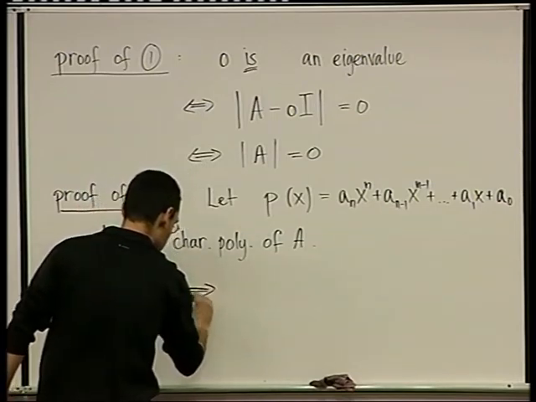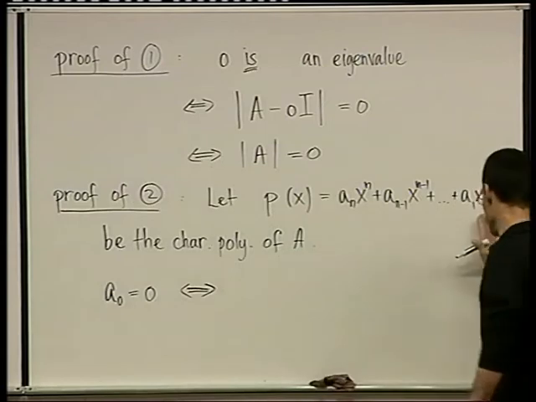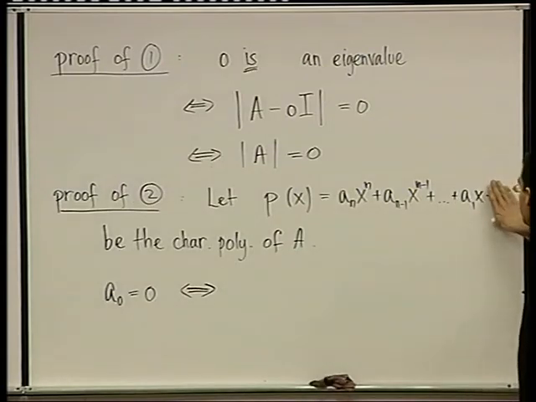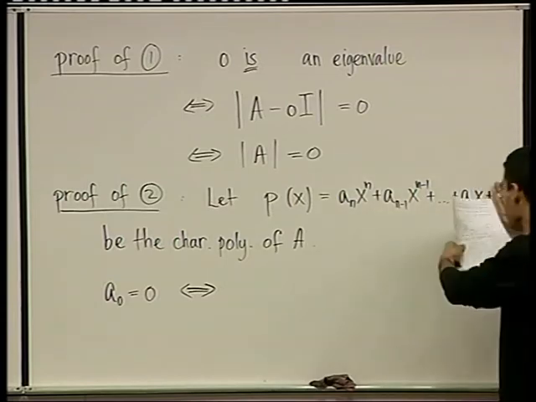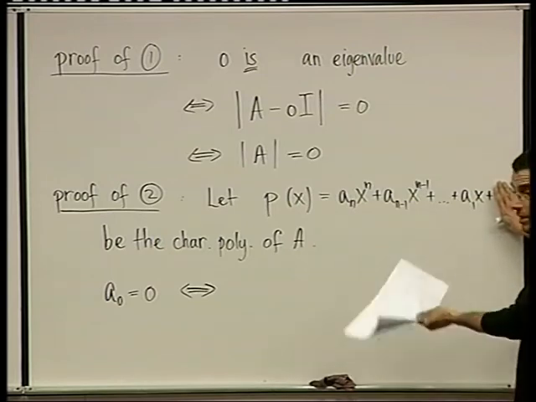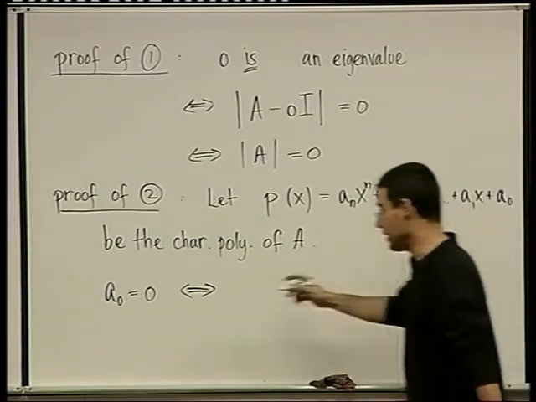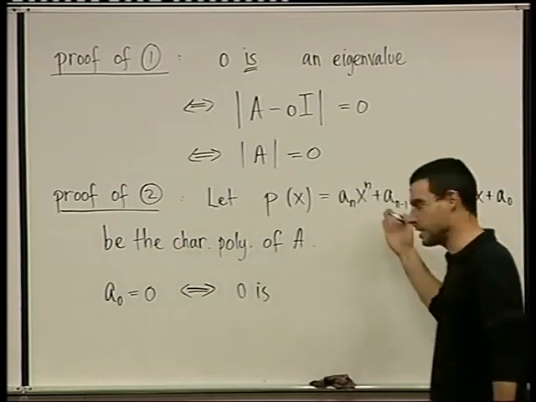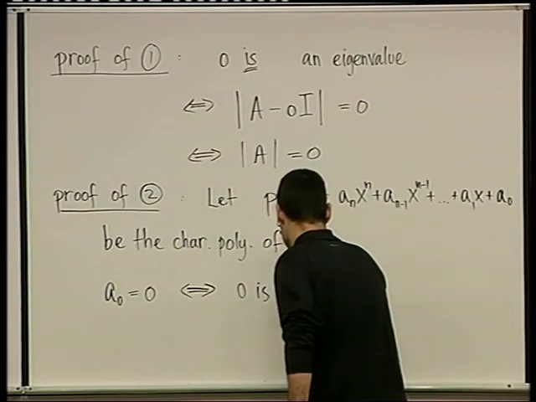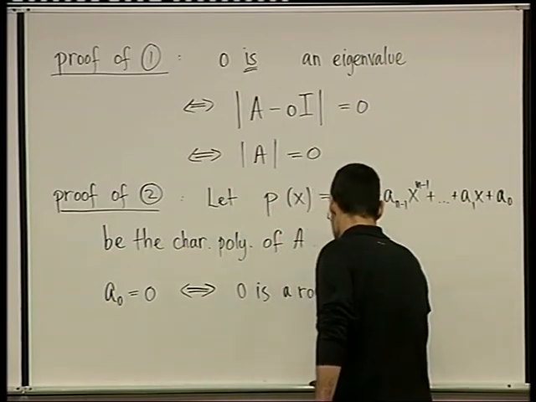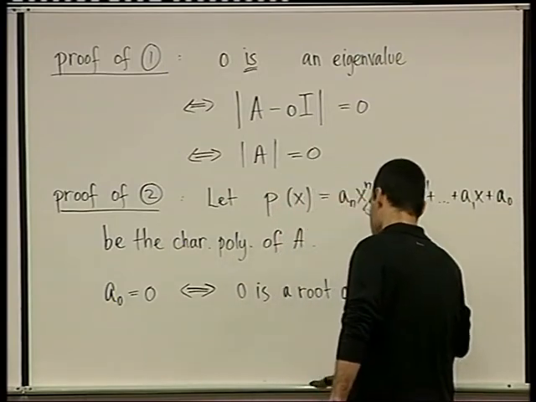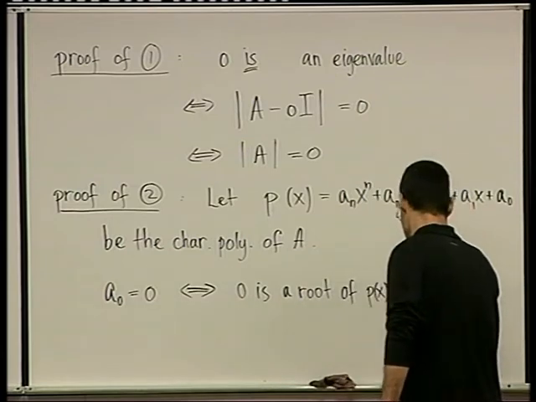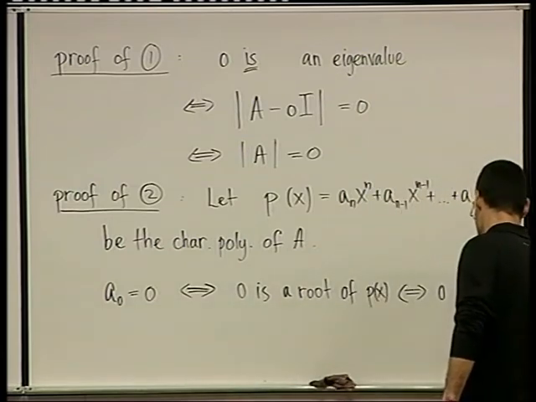that's if and only if a_0 is 0, then I can eliminate it. And then 0 is a root, right? 0 is a root of any polynomial with no free coefficient. It annihilates it. Do you agree? Okay? That's if and only if 0 is a root of the characteristic polynomial, which is what? 0 is a root of p of x, meaning that 0 is an eigenvalue.